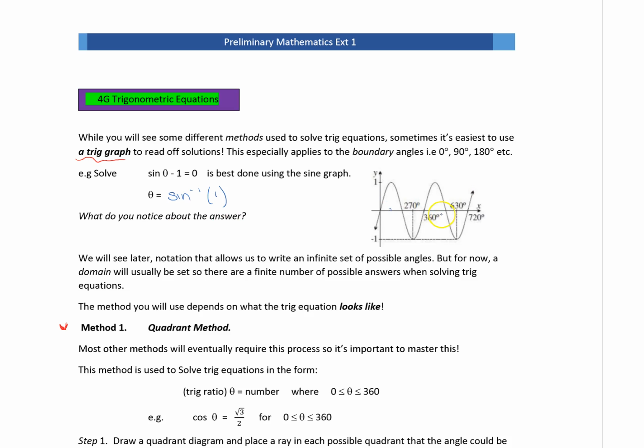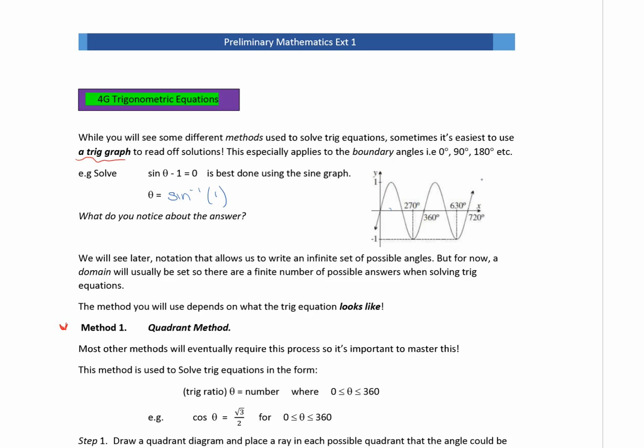Well, it's pi on 2. It's over here at, what's 360 plus 90, 450. There are an infinite number of answers to the angle that has a sine equal to 1.